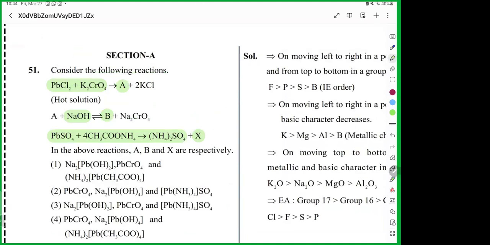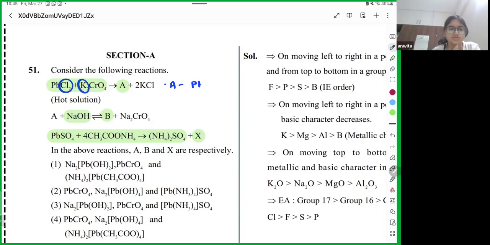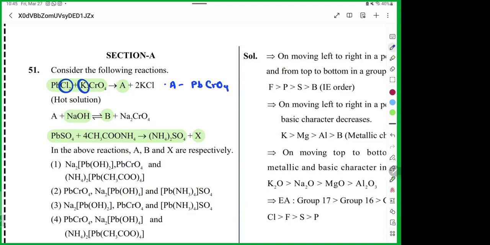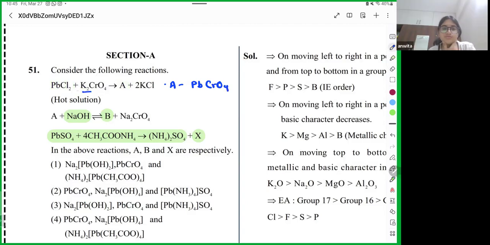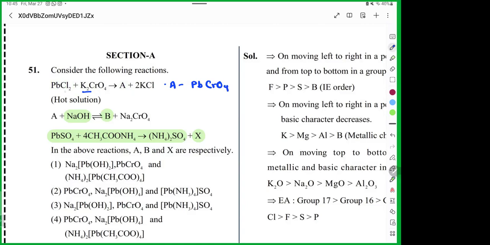If it reacts and you form 2 KCl, what should A be? 2Cl from this, 2K from this, so what should the product be? PbCrO4, because 2 KCl is removed.